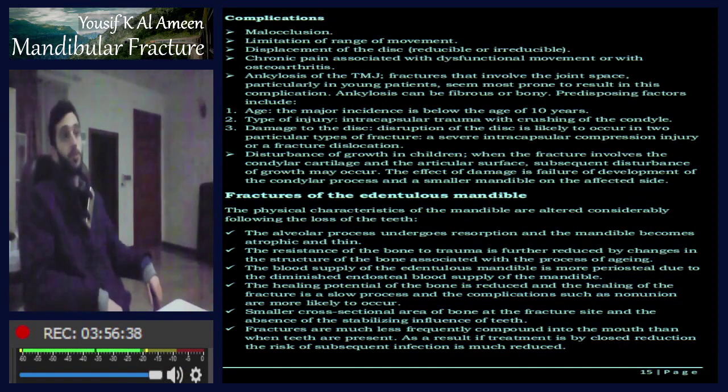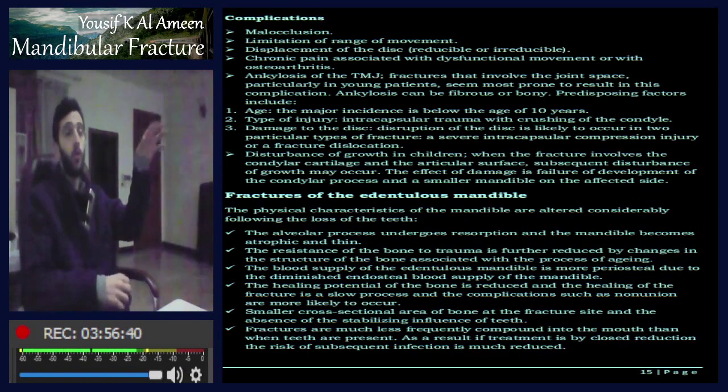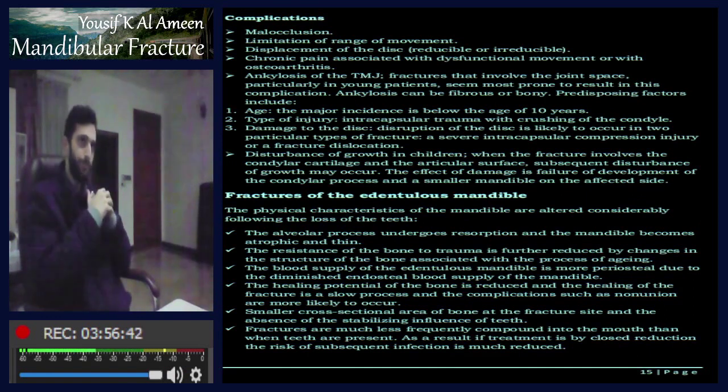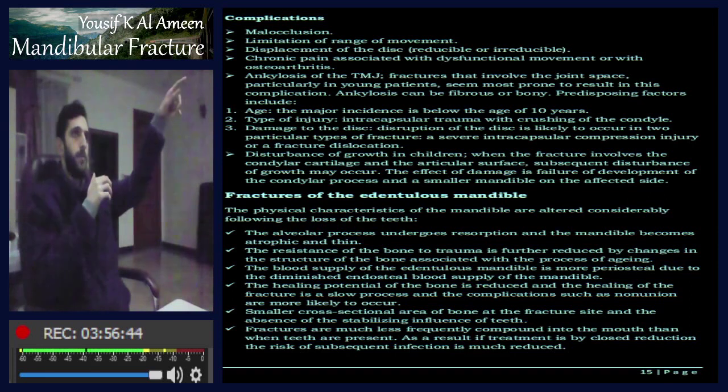Let's talk about the complications of open reduction internal fixation. First is the malocclusion, then limitation of range of movement. Later we have the displacement of the disc, reducible or irreducible.